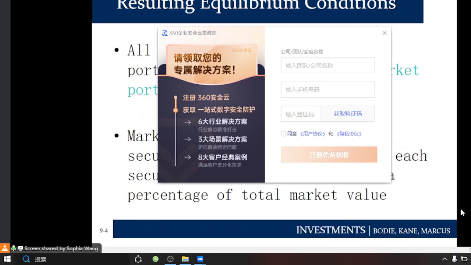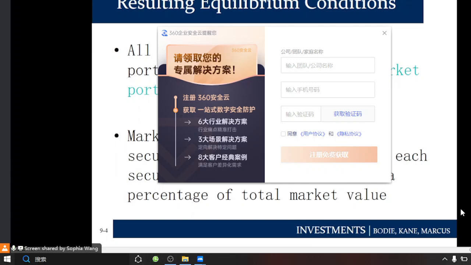If all the assumptions are satisfied, then what will happen? It will result in equilibrium conditions. That means all investors will hold the same portfolio for risky assets. We call that the market portfolio. But in the real world, in the real stock markets, we cannot apply the market portfolio.